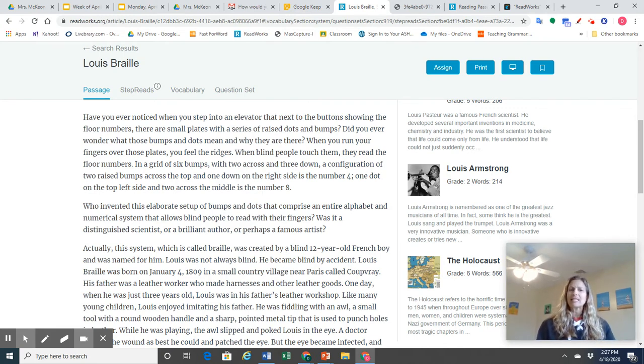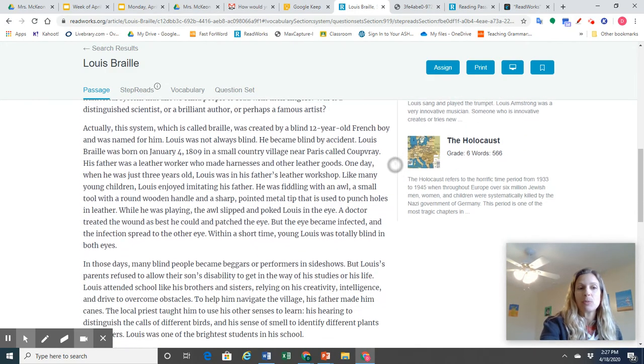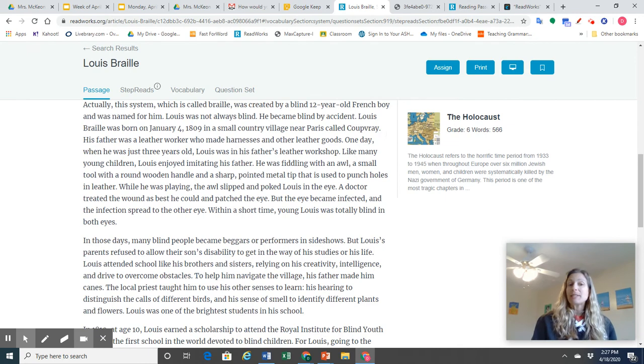Who invented this elaborate setup of bumps and dots that comprise an entire alphabet and numerical system that allows blind people to read with their fingers? Was it a distinguished scientist or a brilliant author or perhaps a famous artist? Actually, this system, which is called Braille, was created by a blind 12-year-old French boy and was named for him.